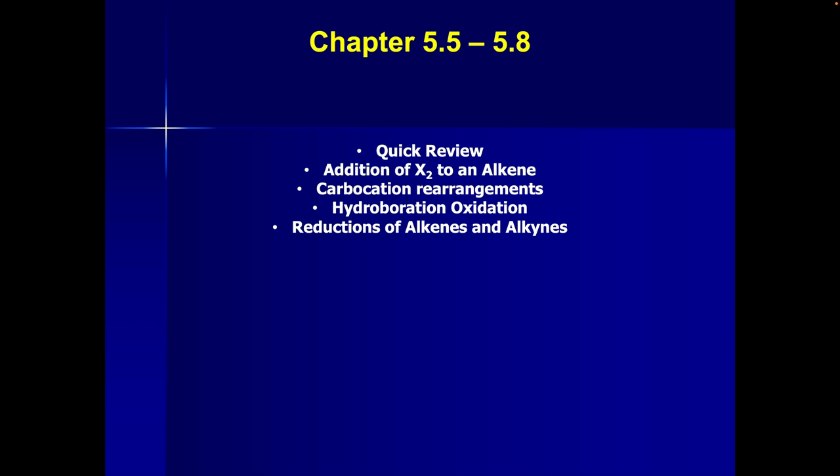And so we learned about this idea of adding things across a carbon-carbon double bond. So let's look at the mechanism for just this one. What do I mean by mechanism?